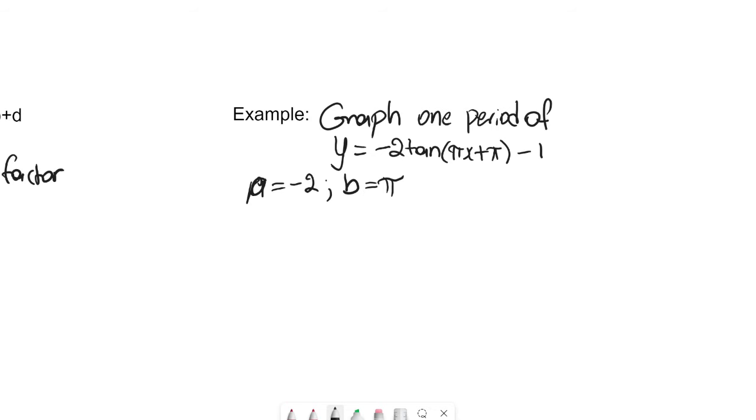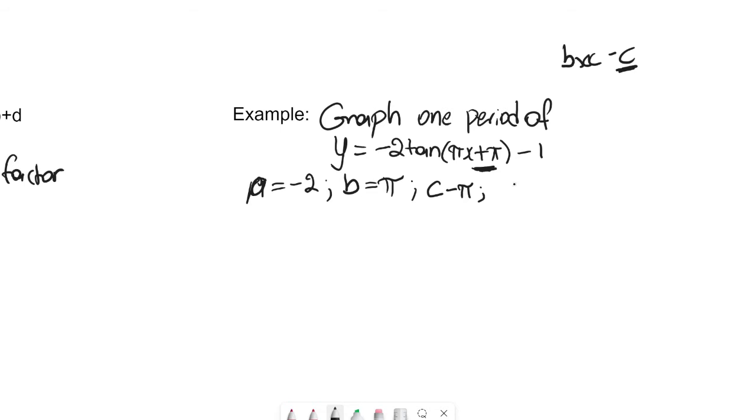Now C, if you recall, the actual formula calls for bx minus c. So C calls for a negative in that value, but in this instance, we're going to have a plus here. So my C is actually -pi.